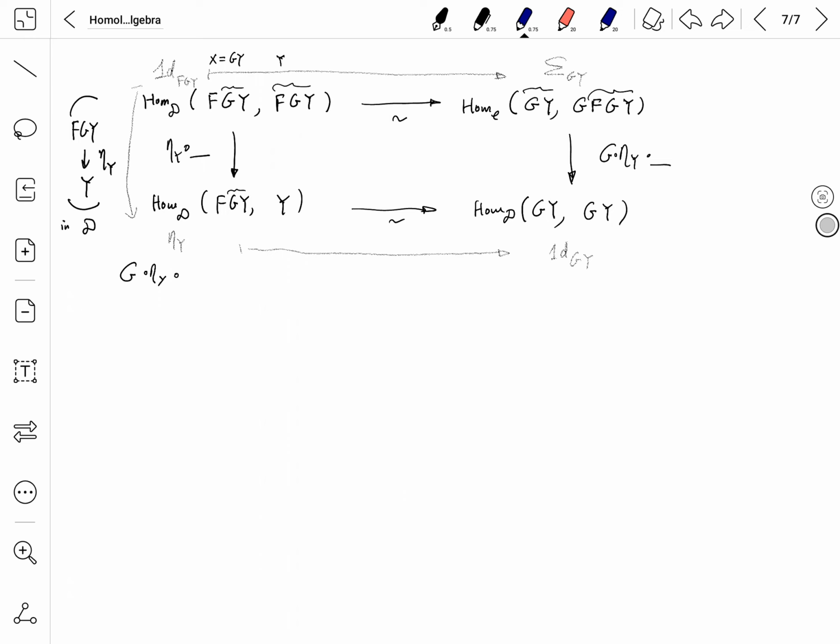And so the commutative diagram is telling you that J of eta Y composed with eta JY equals identity of GY.